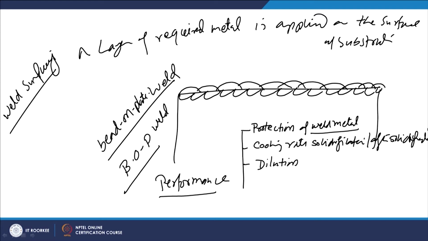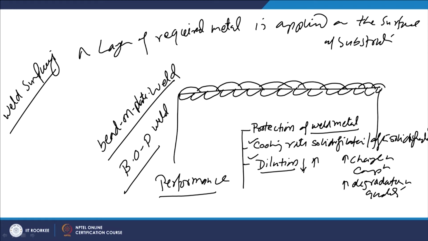So, the extent of change in composition is expressed in terms of dilution. Greater the dilution, greater will be the change in composition of the layer of metal being applied, so there will be a greater possibility of increased degradation in quality. So, it is always desired that dilution is as low as possible.